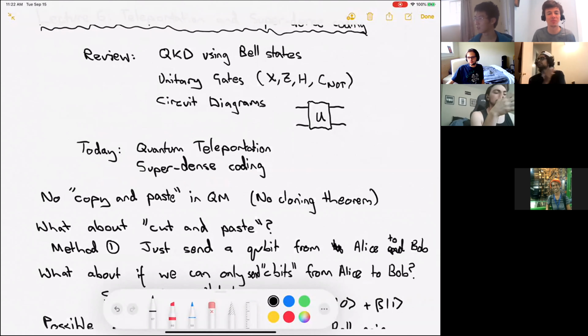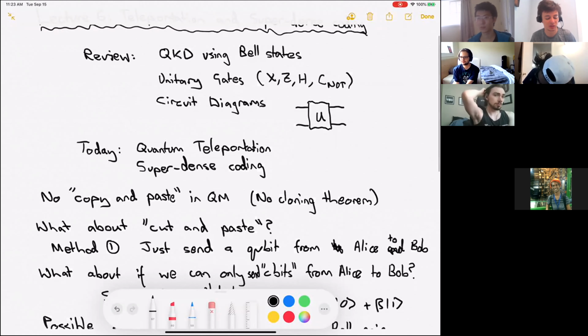If we're going to use some combination of those four gates, what's one that we definitely need to use if we start with two qubits that aren't entangled and we want to end up with a Bell pair? CNOT. Awesome. Why is that? Because it's the only two qubit gate on the list. Right, so if we start with a product state and we just apply a unitary to one qubit, we're still going to have a product state. But if we apply a two qubit gate like CNOT, then we can create entanglement between the two qubits.